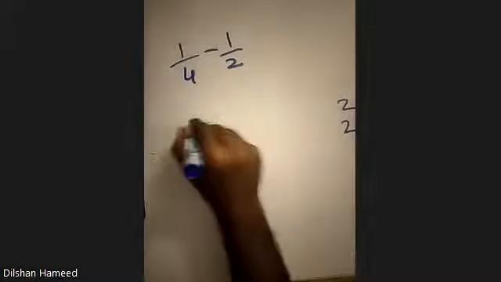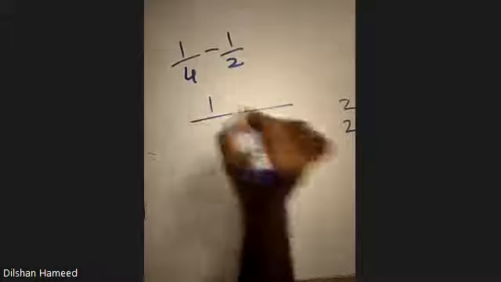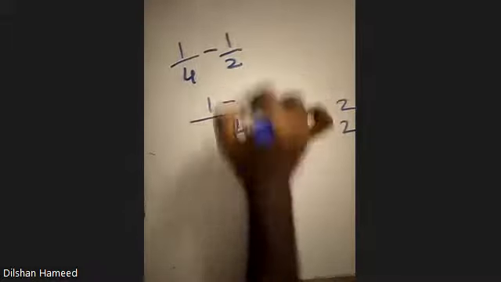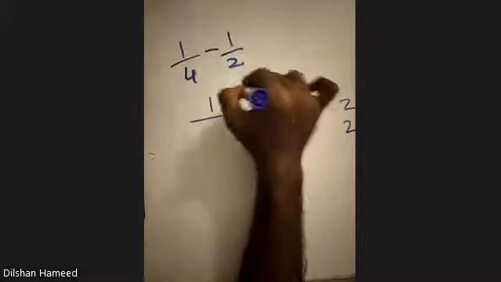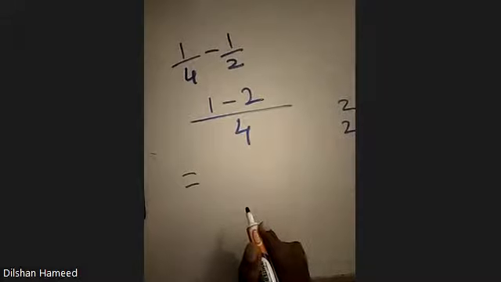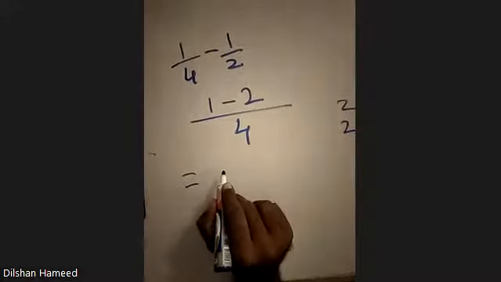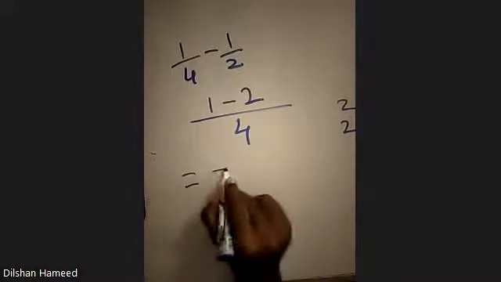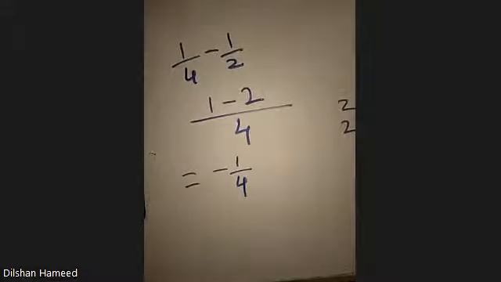We got the LCM as 4. So you have 1 because there is only 1/4. In this you have 2/4, 2 into the numerator. It is 1 minus 2 upon 4. So 1 minus 2 is how much? Okay, 1 minus 2 is minus 1, divided by 4, that is minus a quarter.